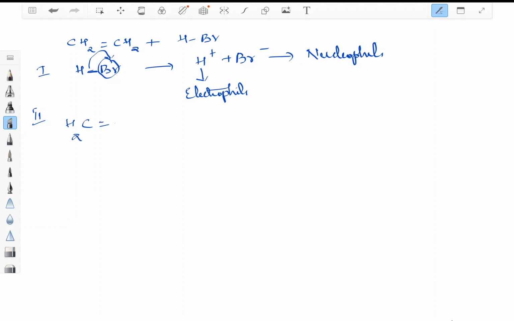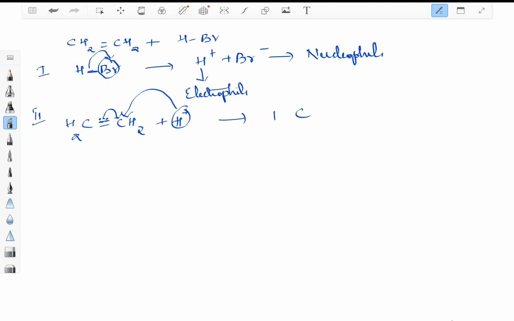The second step will be, instead of E plus, now we are going to use H plus. CH2=CH2 reacts with H plus, and if it attacks this carbon here, this bond is which bond? The pi bond, which has pi electrons, is going to help in the formation of a sigma bond here.